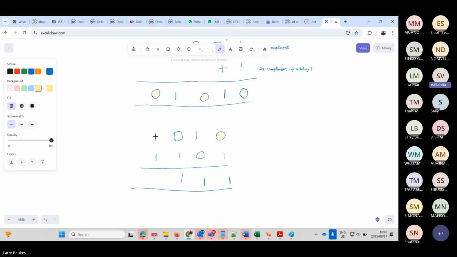But here 1 plus 1, always in binary, 1 plus 1 is 1 0. There are no more digits next to it, so you should just put it 1 0 as it is.